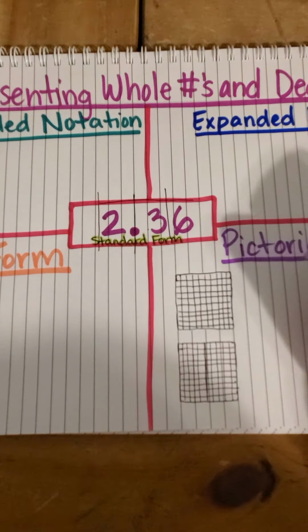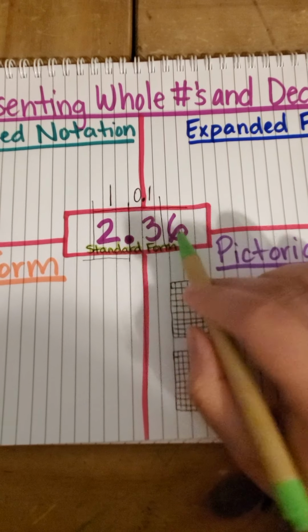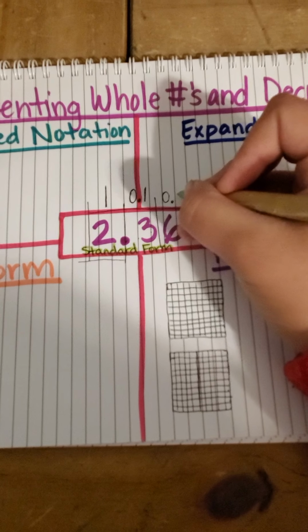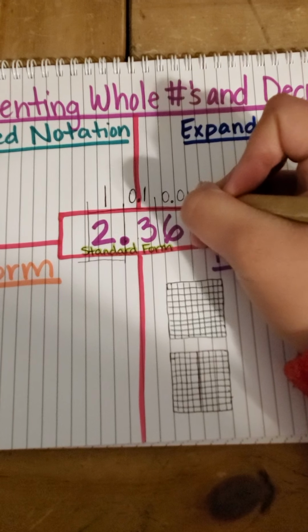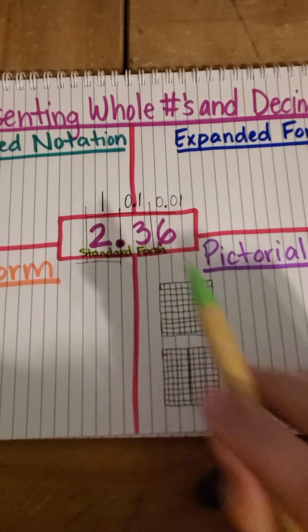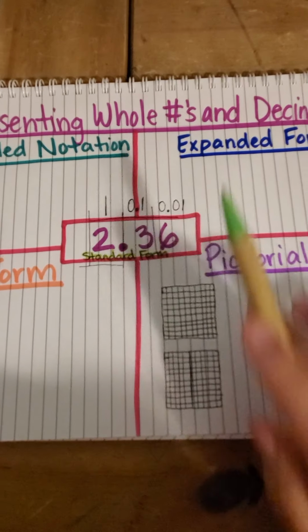If I go to the decimal numbers, I know the next number is in the tenths place with TH. If I go to the next place value, I know that the next one, the 6, is in the hundredths place with THS.